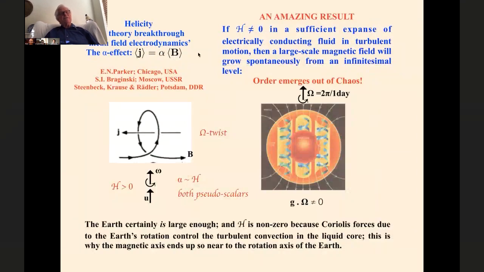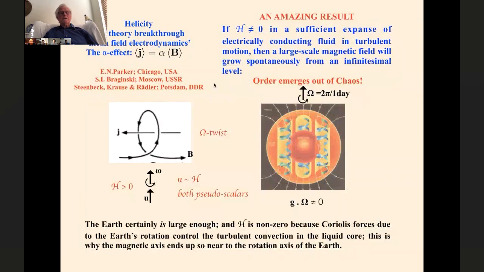J is, if anything, perpendicular to the magnetic field through the U cross B effect. But here there is an average effect, and this alpha turns out to be very closely related to the helicity of the turbulence. There were precursors of the theory from Parker in the 1950s and from Braginsky in Moscow in the early 60s, but the theory was developed dramatically by Steenbeck, Krause, and Rädler in 1966.